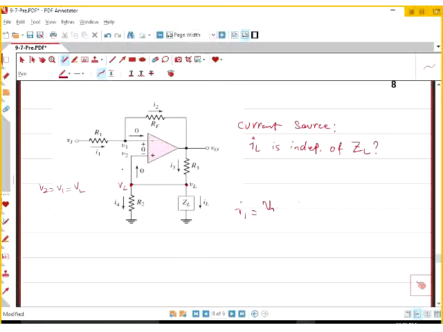So I1 is VI minus IL multiplied by ZL, divided by R1, and this current has to go through RF, and your I2 is ILZL minus VO divided by RF.